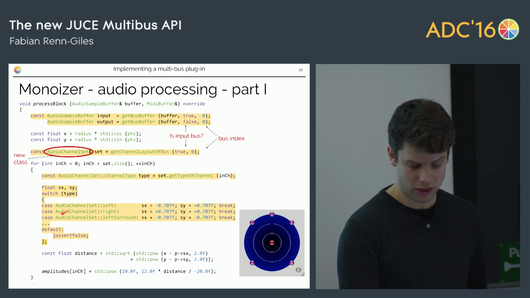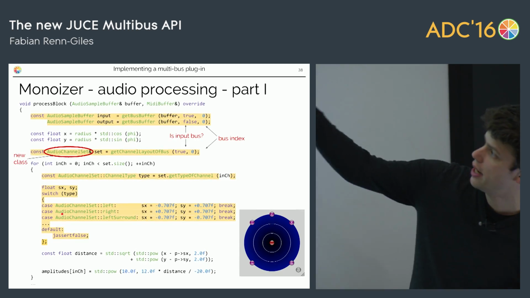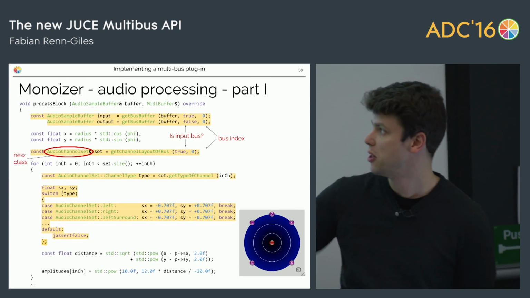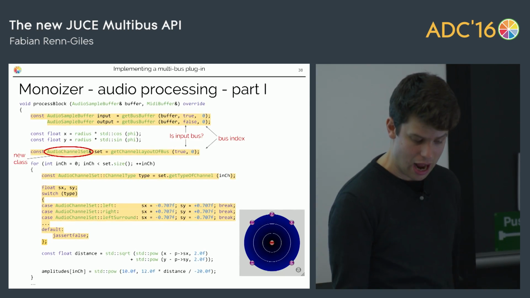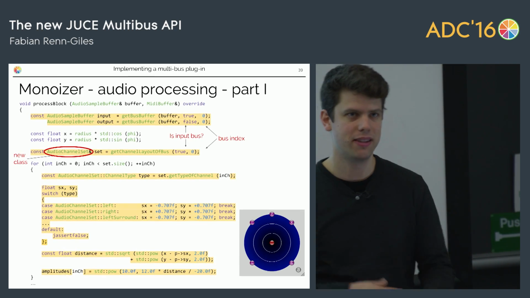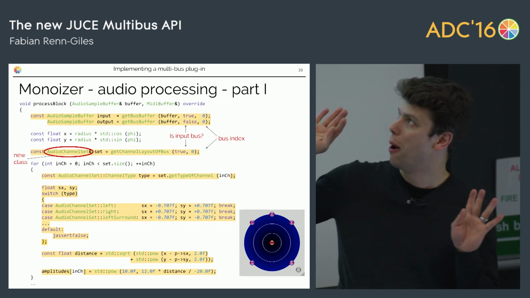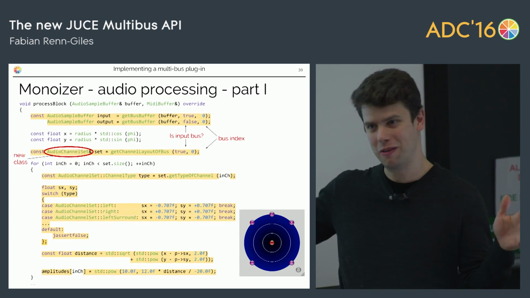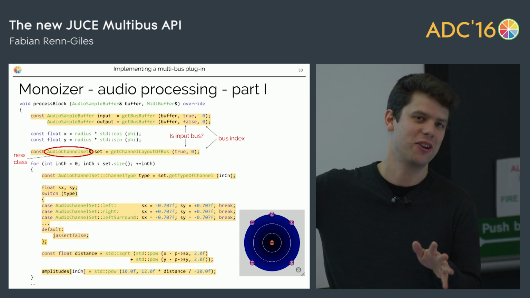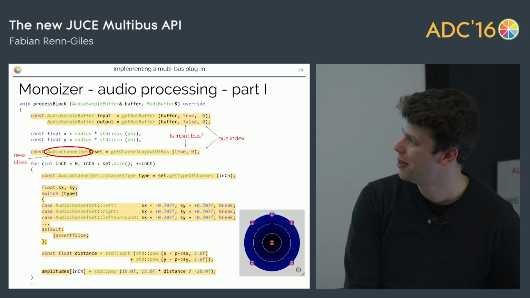And then I simply have this big switch statement of all the speakers that my plugin knows about, and set some location in space of where that speaker might be located. And then I do a few crazy calculations of distance and which amplitude that speaker may have. By the way, all this code is written to be able to fit on a slide. This is not how you would write this, right? This is just an example of how you use multibus.